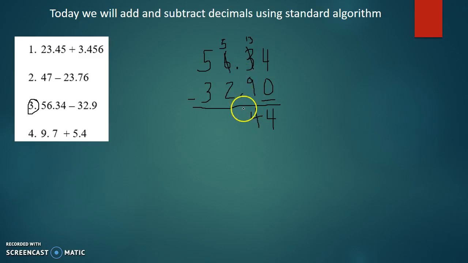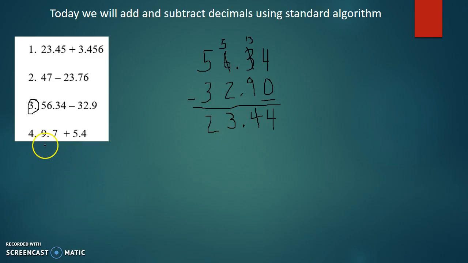Bring down my decimal point. 5 minus 2 is 3. 5 minus 3 is 2. So 56 and 34 hundredths minus 32 and 9 tenths is 23 and 44 hundredths.